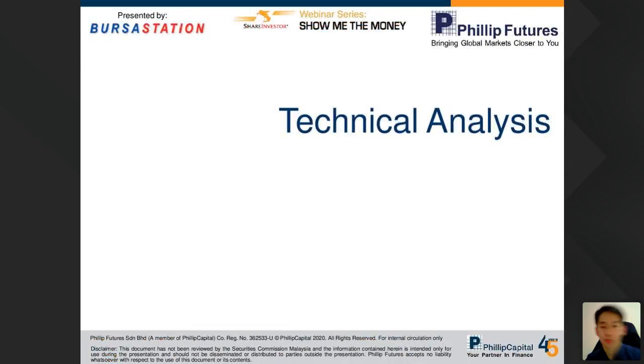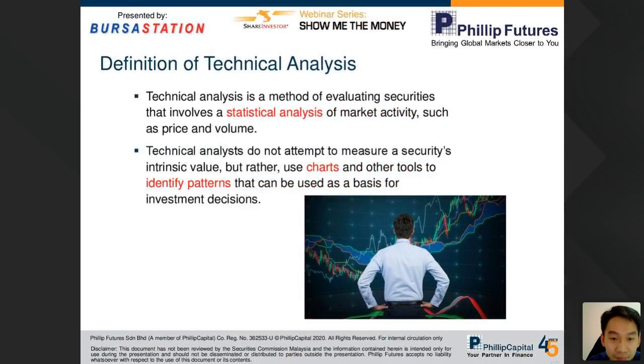That sums up the fundamental analysis part of futures trading. Now we'll move on to some basic technical analysis, which is quite vital, because before you start trading you need to know how to read a chart. Technical analysis is basically using statistical and historical data to identify patterns.